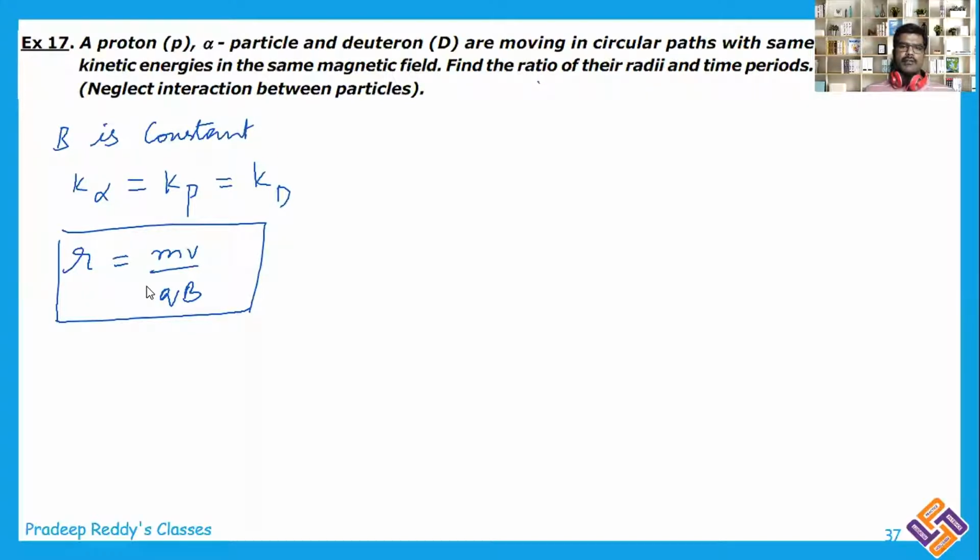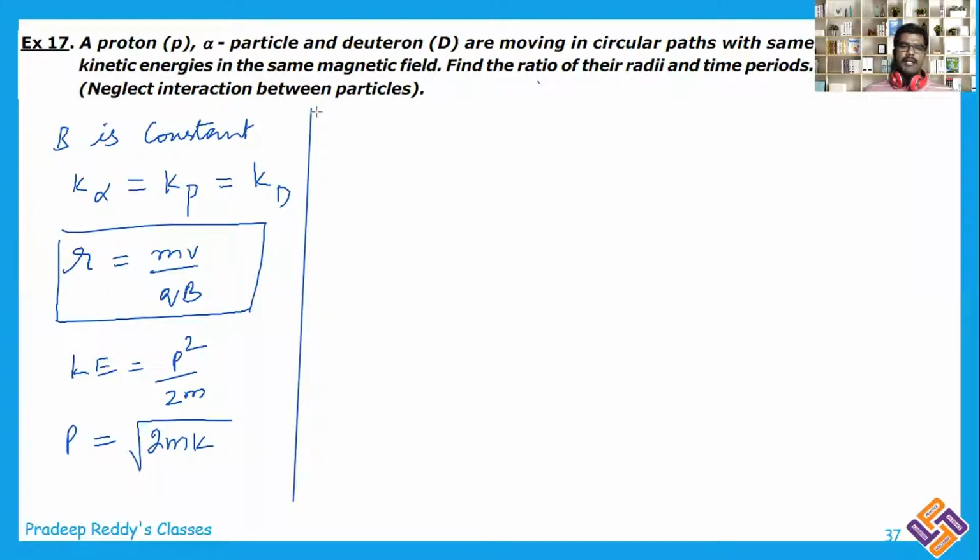For that, we will first eliminate this mv and we will write it in terms of kinetic energy. We have kinetic energy is equal to p square divided by 2m, and from here p is equal to under root 2mK. So I can just replace momentum p is equal to mv. Instead of mv, I will write it as under root 2mK.